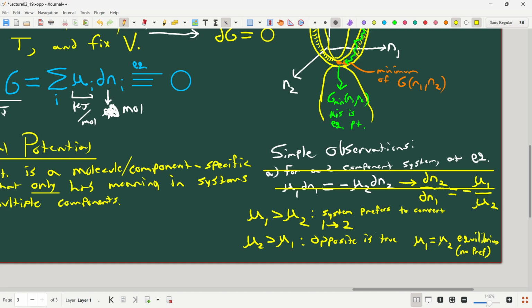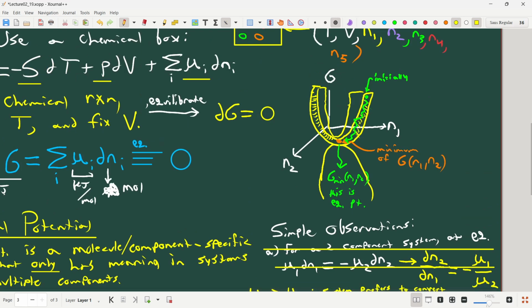So the idea is that we actually want to track where equilibrium is. So let's say we start our experiment up here on this point on this surface.